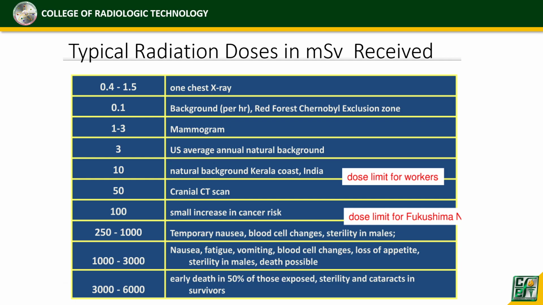So mammogram is 1 to 3 millisievert. So as you can see, mas mataas ang radiation dose ng mammogram compared sa chest x-ray. Much more yung CT scan, kasi 50 millisievert ang cranial CT or head CT compared sa isang chest x-ray na 0.4 to 1.5 millisievert only.